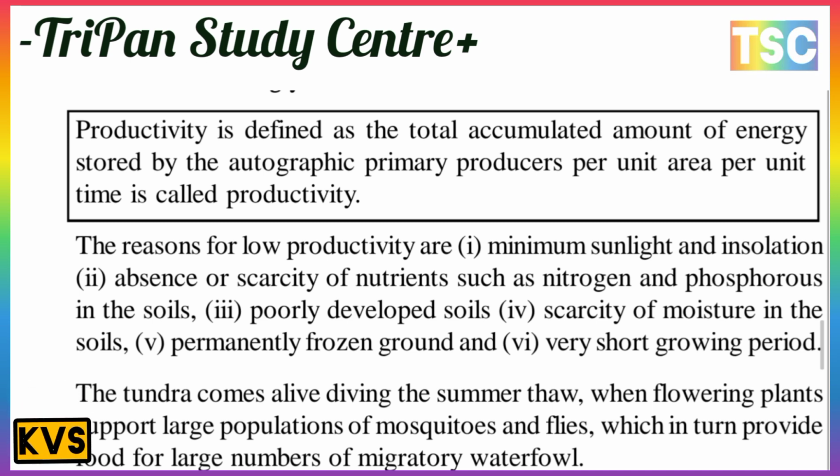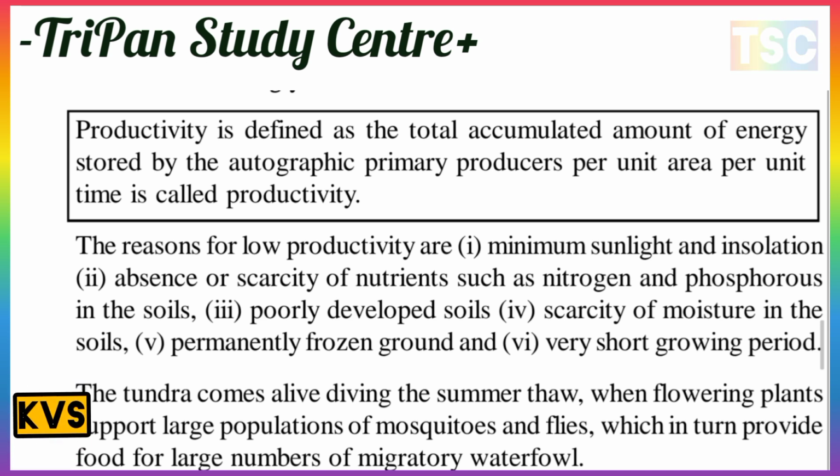The reasons for the low productivity are minimum sunlight and insolation, scarcity of nutrients such as nitrogen and phosphorus in the soil, poorly developed soil, scarcity of moisture in the soil, permanently frozen ground and a very short growing period.